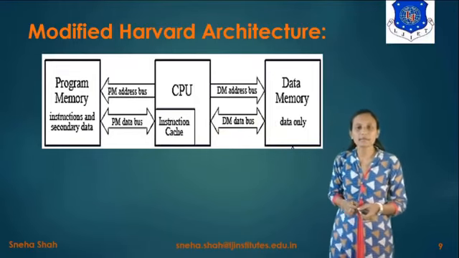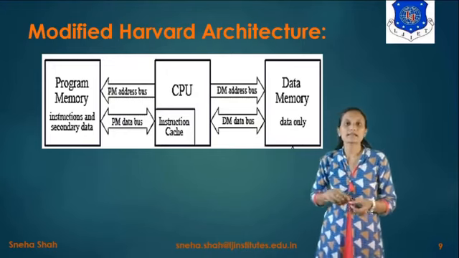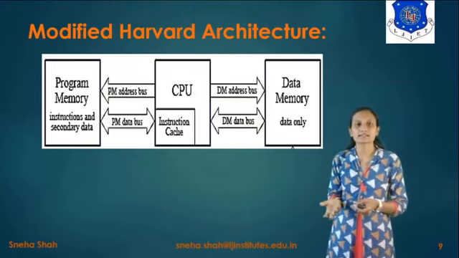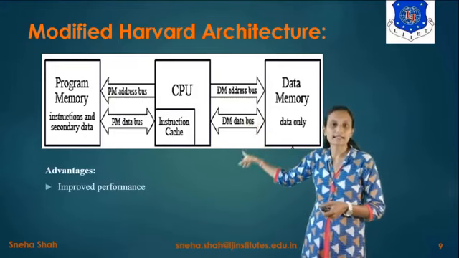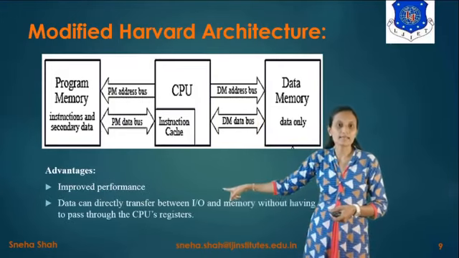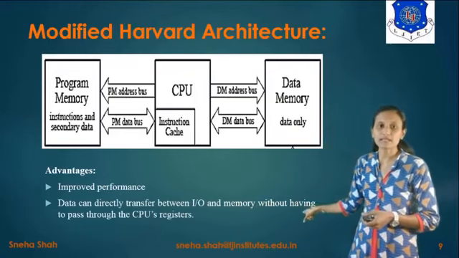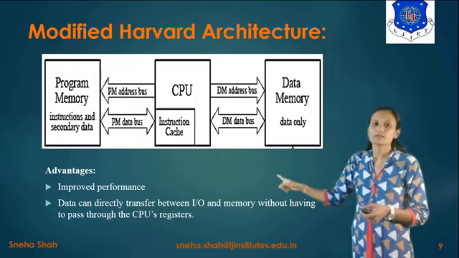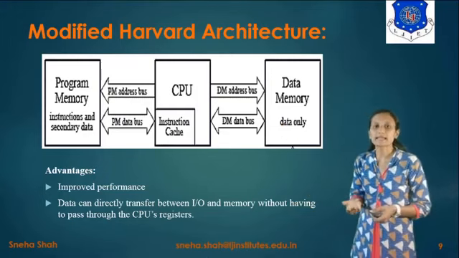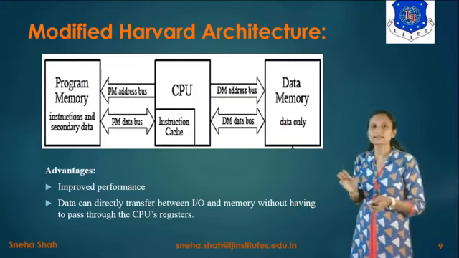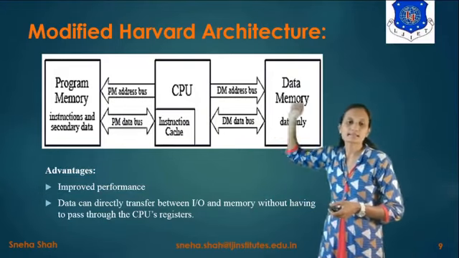In the cache memory, the data will be temporarily stored so that it will give you a faster response. The advantages of this modified Harvard architecture are improved performance, and data can directly transfer between input-output and memory without having to pass through the CPU's register. So directly it can transfer the data from the IOs to the memory without passing through the CPU.